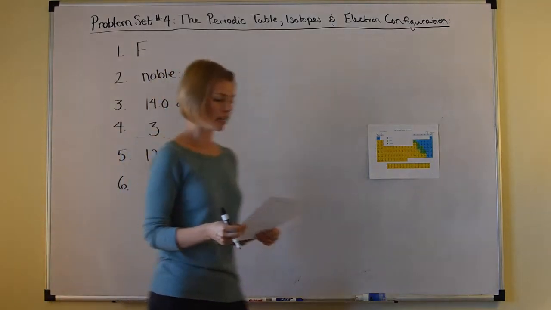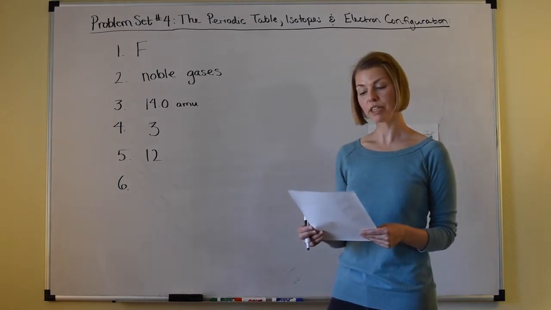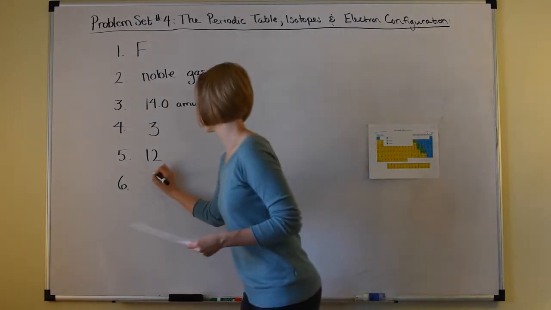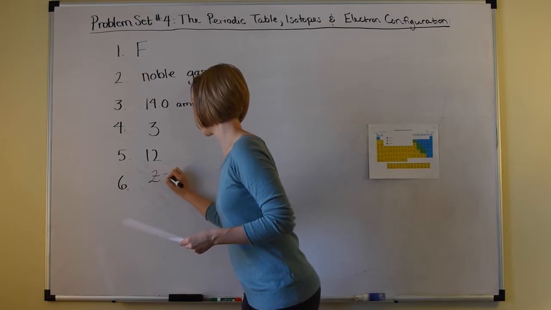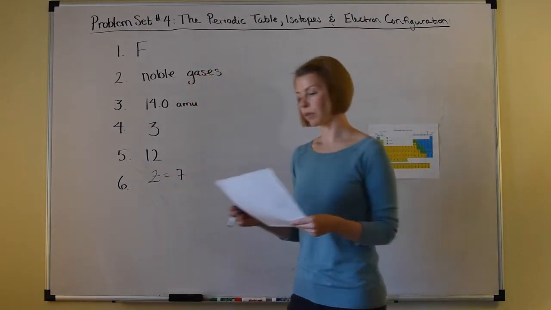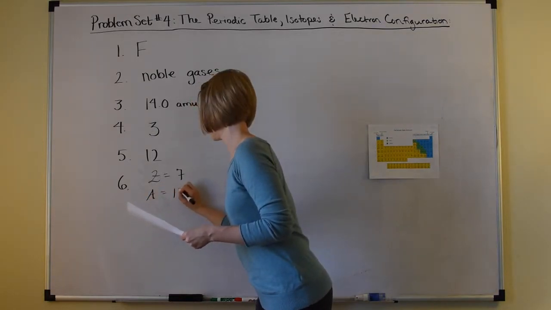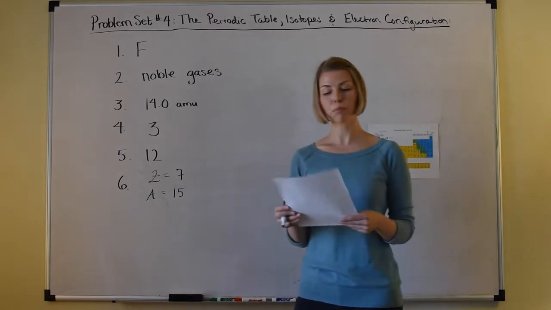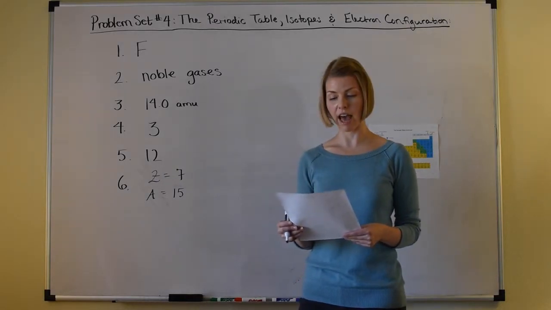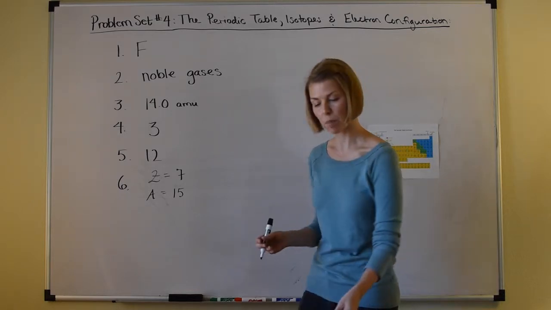Okay. Number 6. A neutral atom has an atomic number of 7. Remember, atomic number is symbolized as Z, and a mass number, which is symbolized as A, of 15. How many protons, neutrons, and electrons does it have? Write the element symbol to represent this isotope correctly and include the atomic and mass numbers.